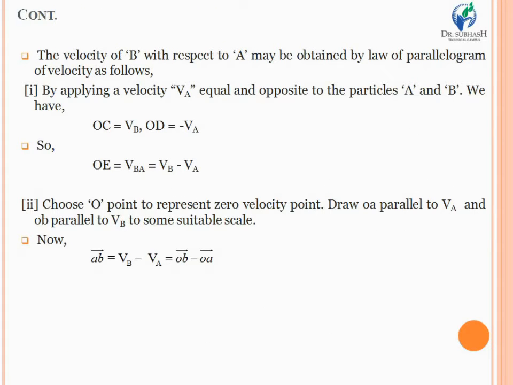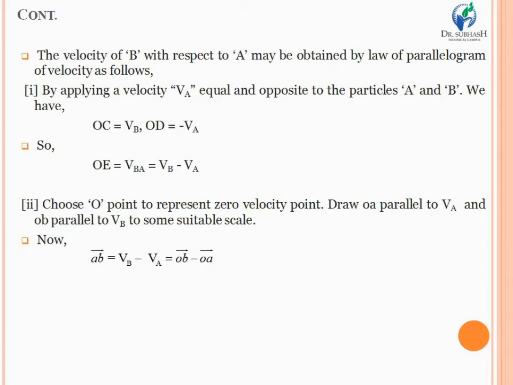Similarly, the velocity of B with respect to A may be calculated by using the law of parallelogram of velocities. First of all, apply the velocity VA, equal and opposite, to particles A and B. So you get OC equal to VB and OD equal to minus VA. And ultimately you will have the resultant OE equal to VBA, which is equal to VB minus VA.